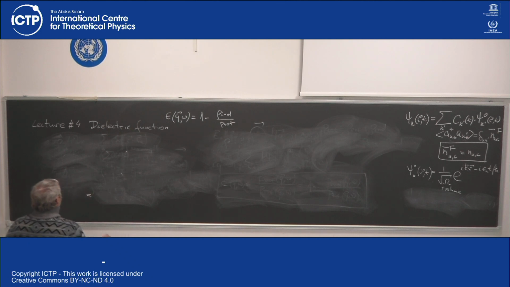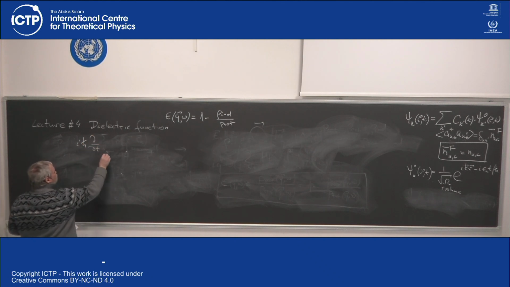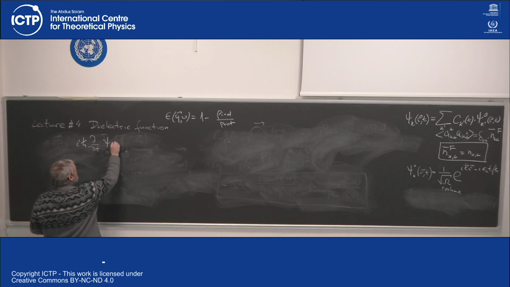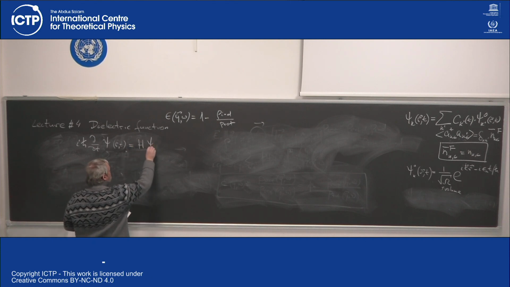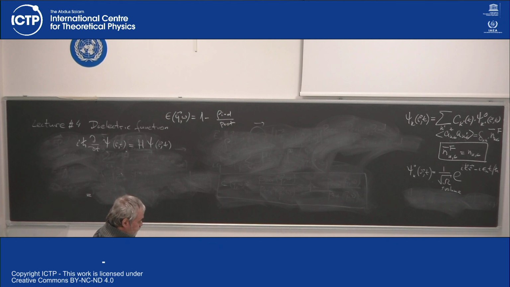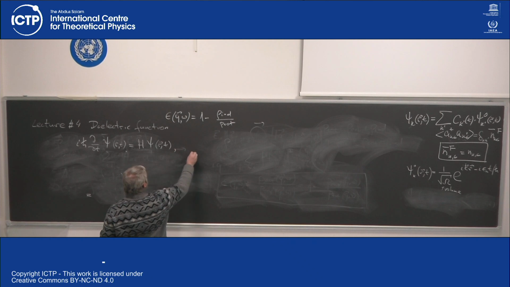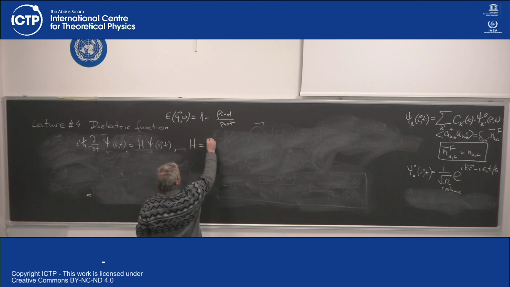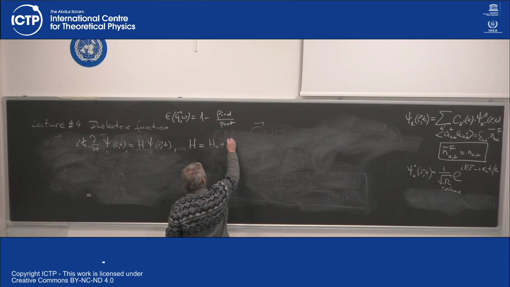So, my wave function psi satisfies the time-dependent Schrödinger equation: i h bar d psi(r,t)/dt is equal to H psi(r,t). Well, we can put index k, we can skip index k, it doesn't matter. My Hamiltonian consists of H_0, which is kinetic energy, h bar squared k squared over 2m, plus some interaction.